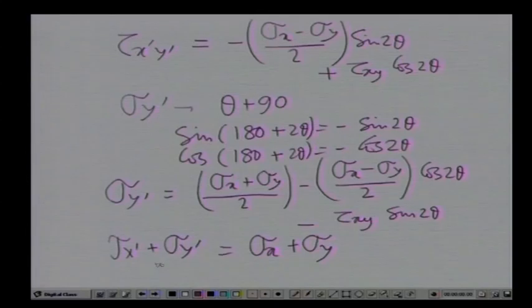So, here this is proved again that sigma x dashed plus sigma y dashed is equal to sigma x plus sigma y, which is constant, and so are the other stress invariants.